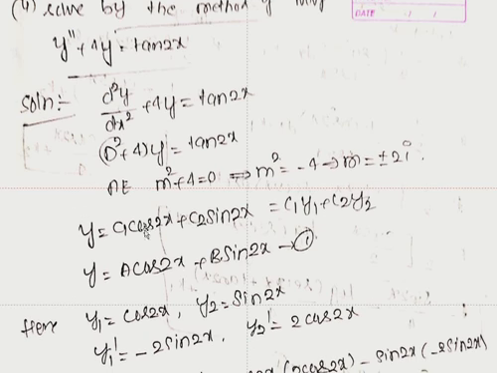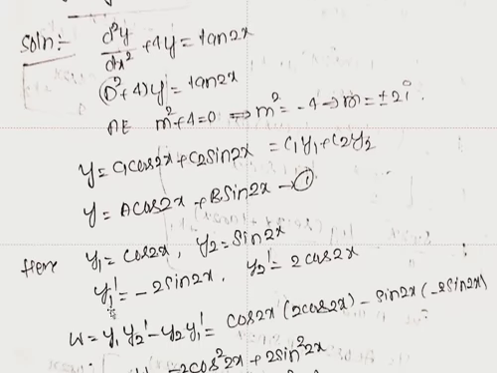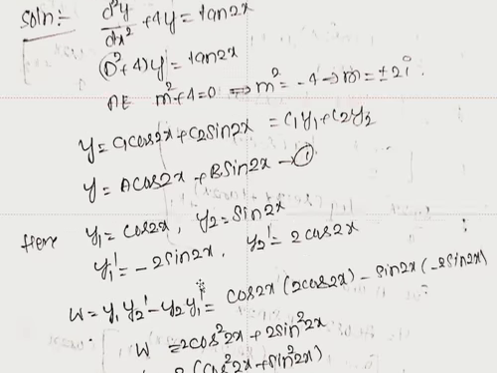Here y1 is cos 2x and y2 is sin 2x. Therefore, differentiate these two terms. The differentiation of y1, that is y1 dash, is minus 2 into sin 2x. Similarly, y2 dash is the differentiation of sin 2x, which is 2 into cos 2x.